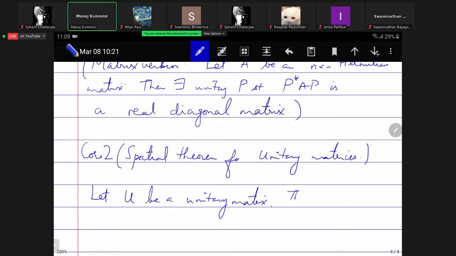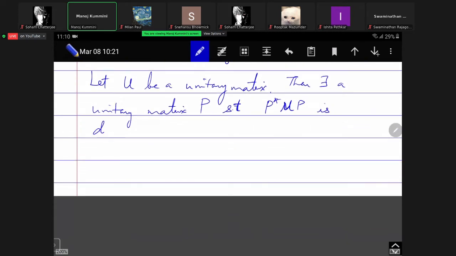Then there exists a unitary matrix P such that P star UP is diagonal. You can't say anything more about the eigenvalues. In fact, eigenvalues potentially are complex.